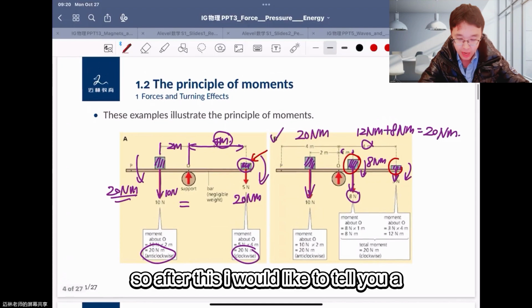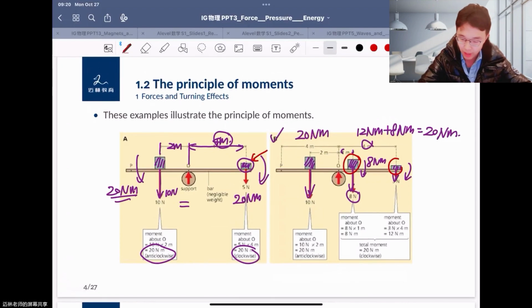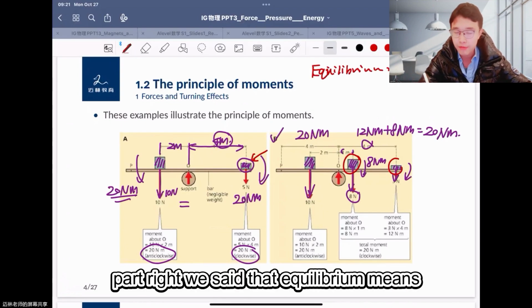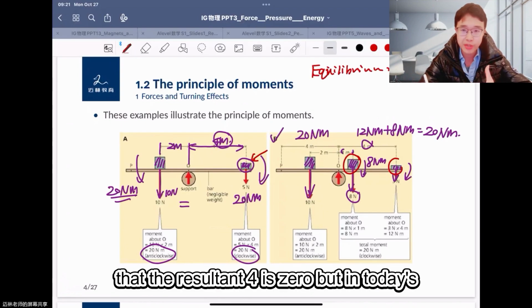Okay. After this, I would like to tell you a brand new definition of equilibrium. For equilibrium, we have already talked about it in the forces part, right? We said that equilibrium means that the resultant force equals zero.